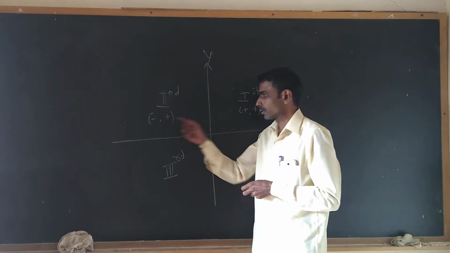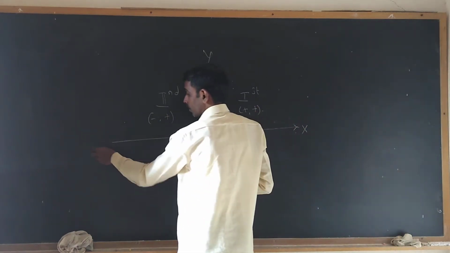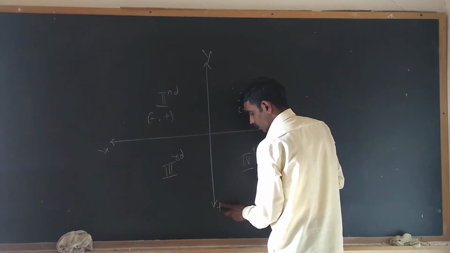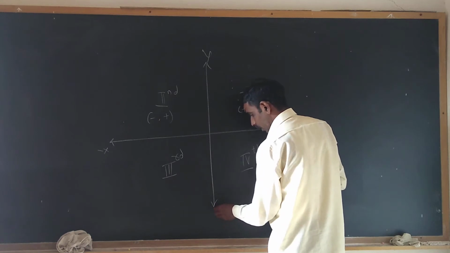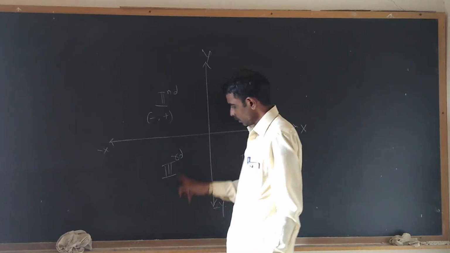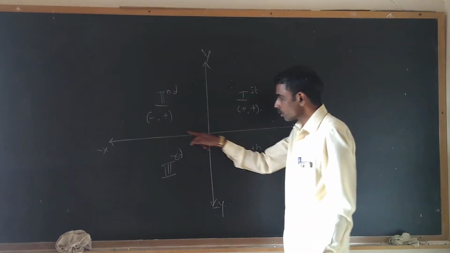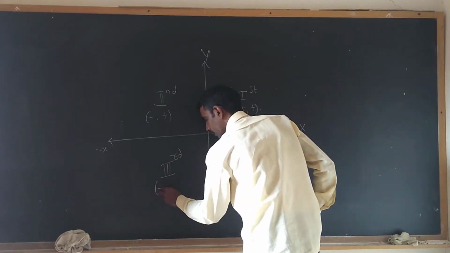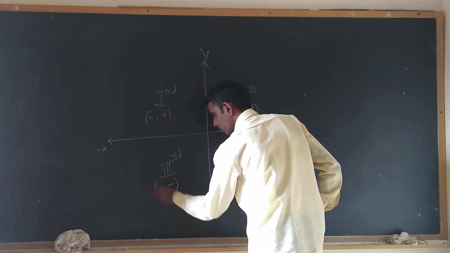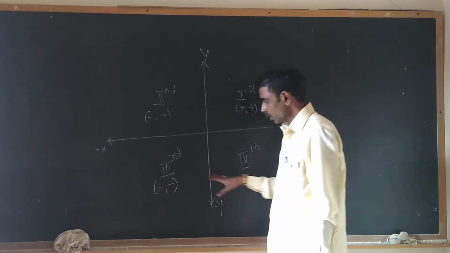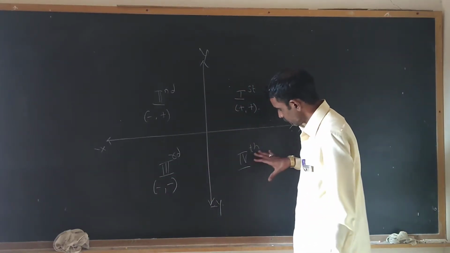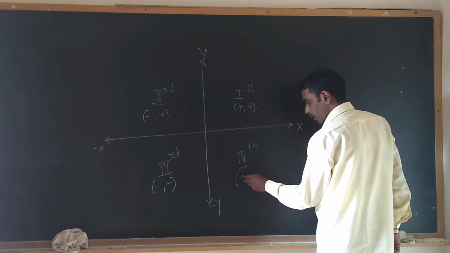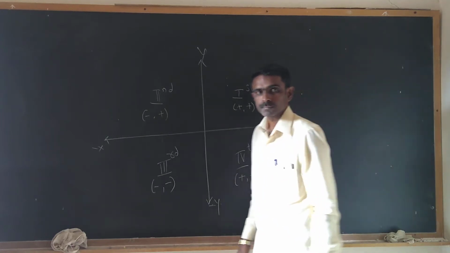In the third quadrant, both x and y will be negative. And in the fourth quadrant, x is positive and y is negative.